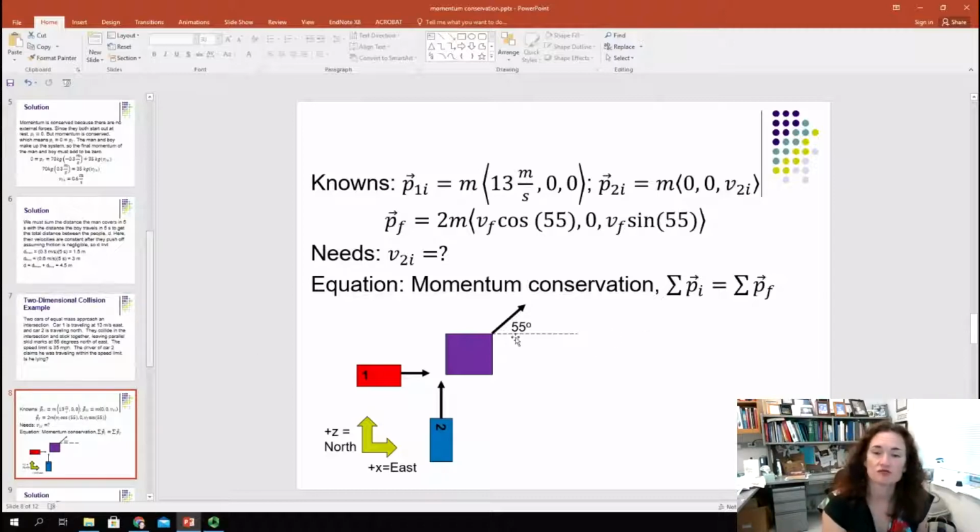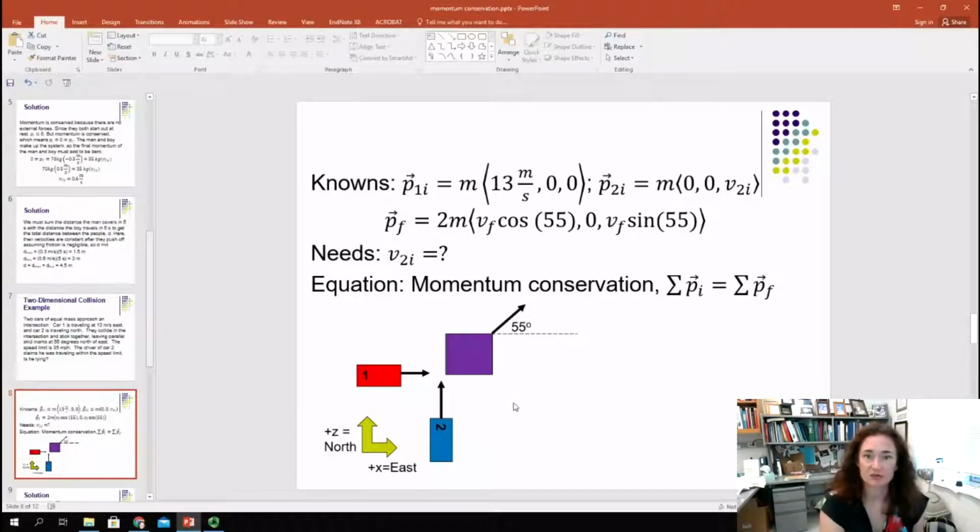So I have drawn the final velocity vector of this car sandwich here at 55 degrees north from the east axis. Remember, if it says north of east, then that means you start east and swing north by the amount specified, which here is 55 degrees. Okay, so that's what I've drawn to the best of my ability. Okay, all right, so that's my picture. That helps explain my picture.